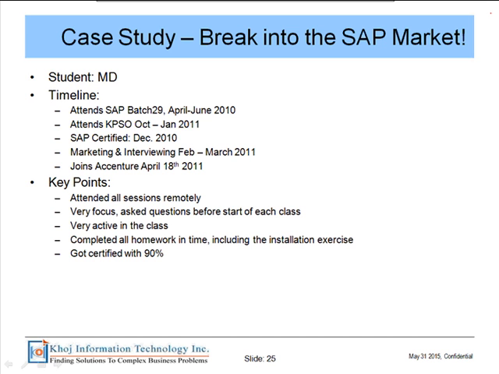Case study, right? So I just picked an example of a student who went through this course, and there are very many examples similar to this. This is the one which has been documented in this deck. She attended batch 29 in 2010, the April to June batch.